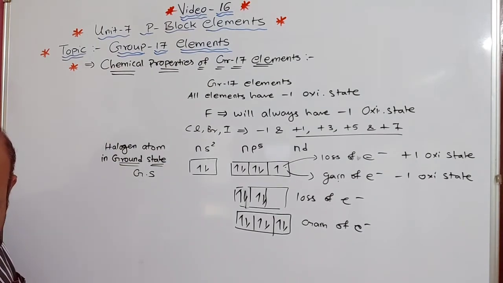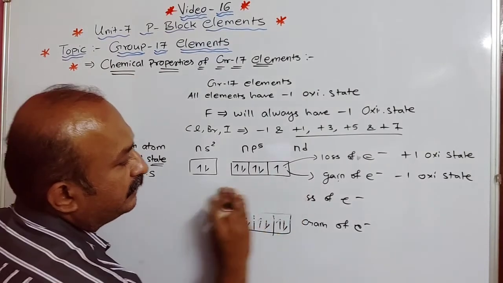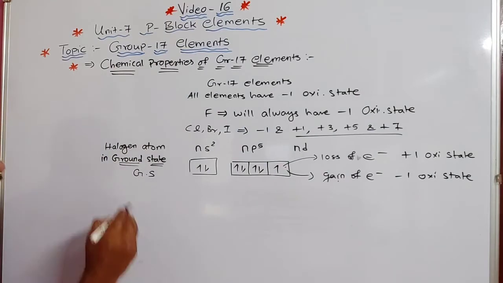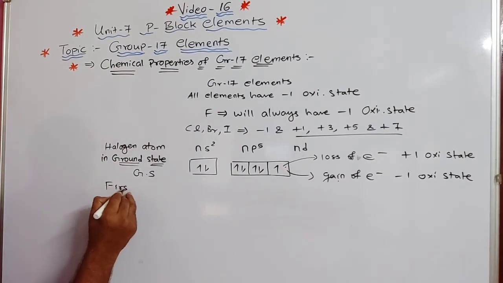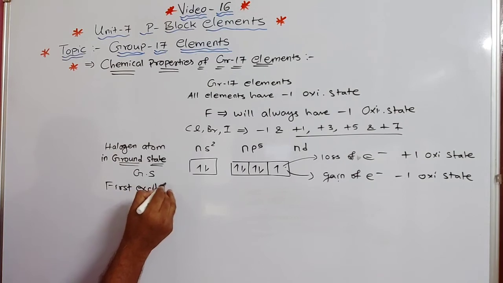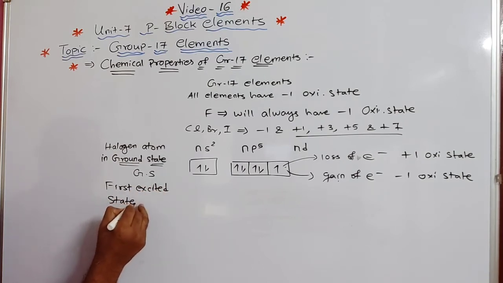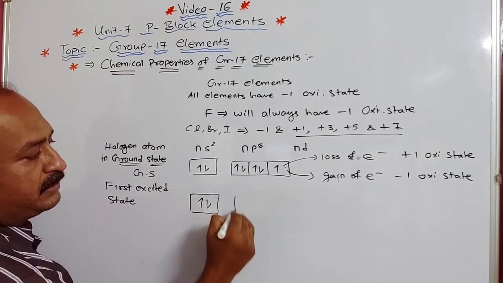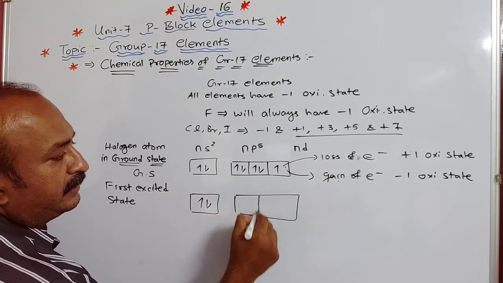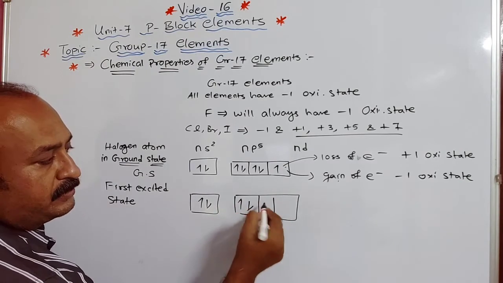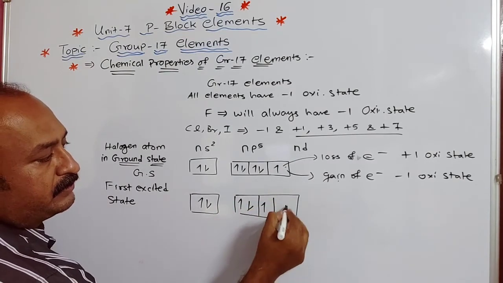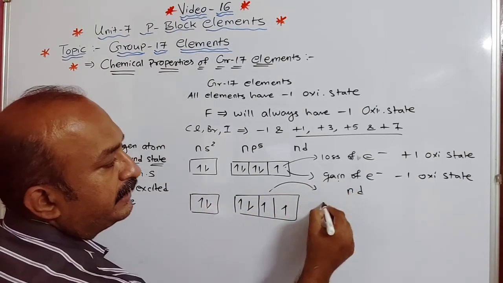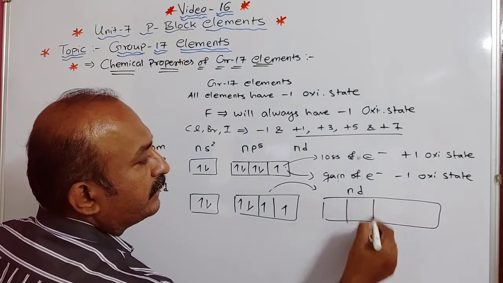Then in the first excited state, what you will see is the electron in the ns orbital stays like this, and from here one electron will go to the nd orbitals. We know in d there are 5 orbitals.